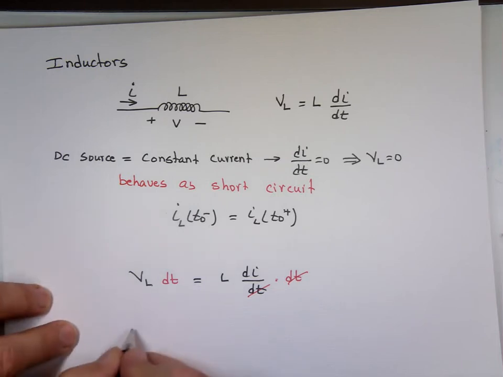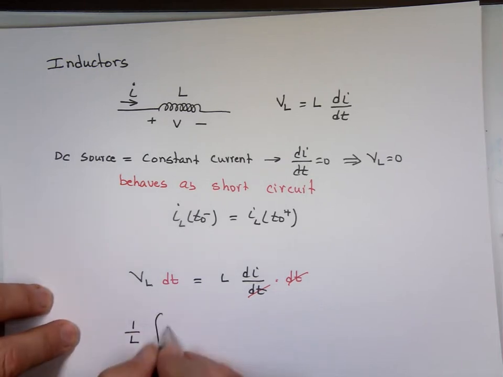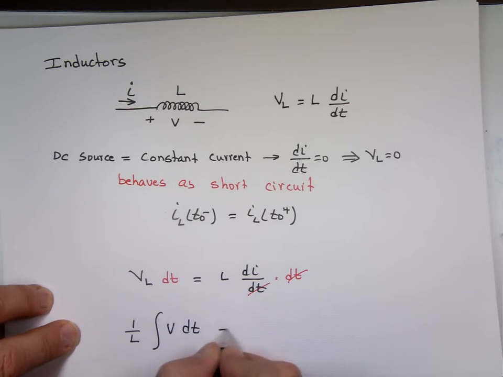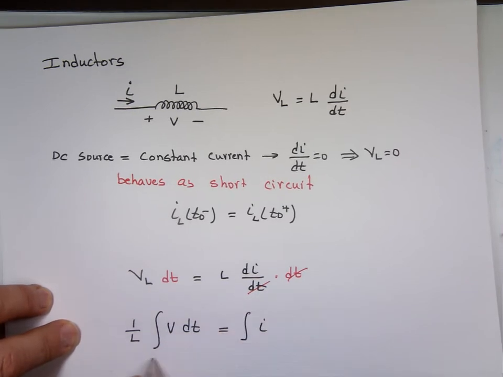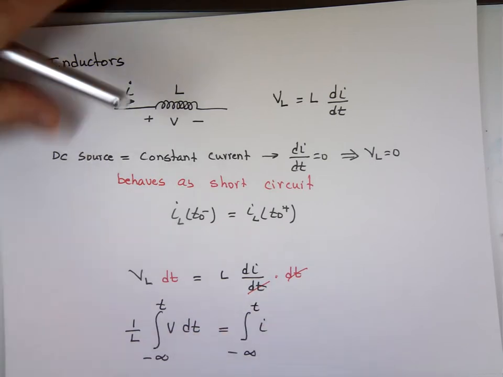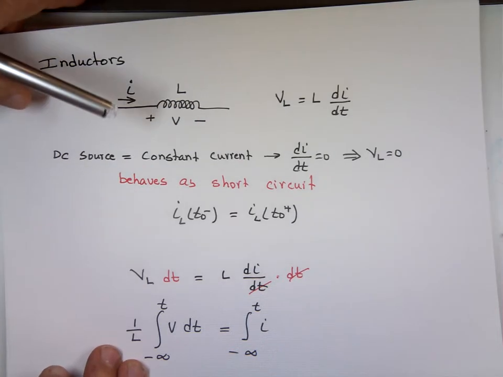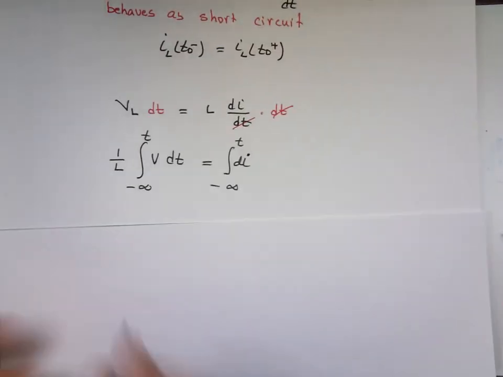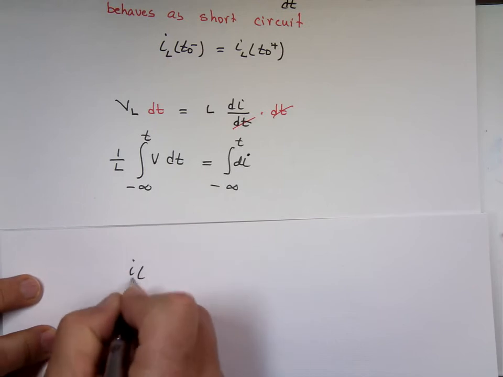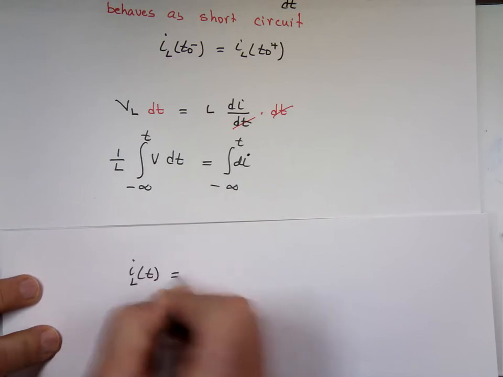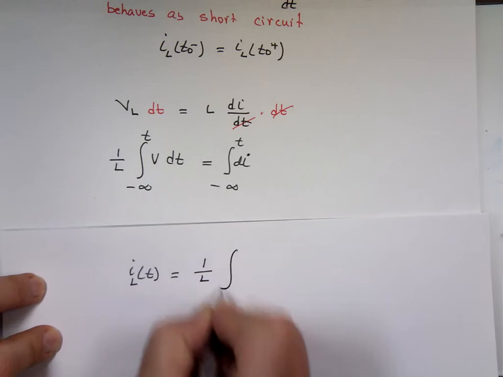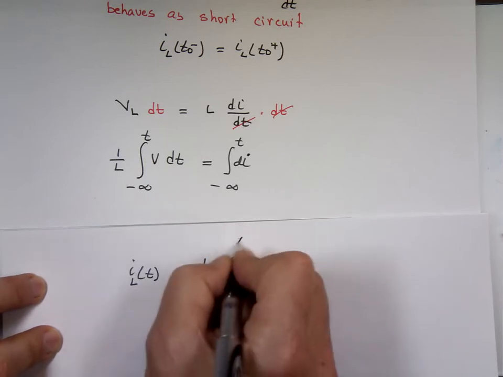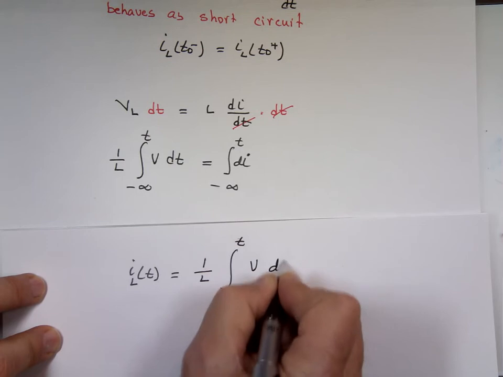Divide by L, 1 over L, the integral of the voltage dt equals the integral of di. Right? What's the integral of di? So the current through the inductor at any given time is 1 over L, the integral from negative infinity to t of v dt.